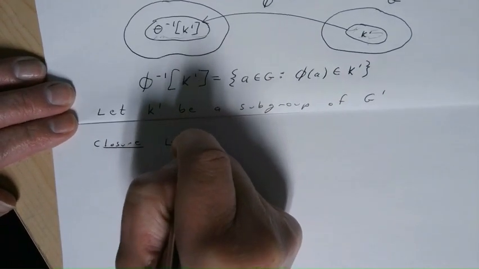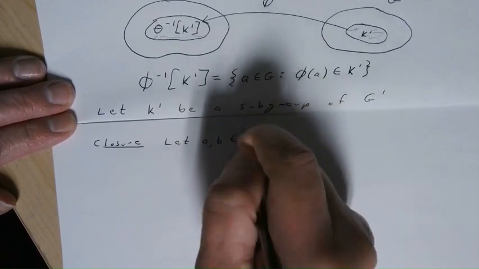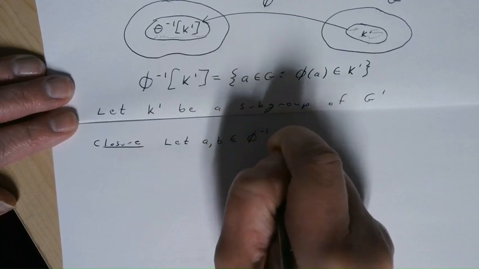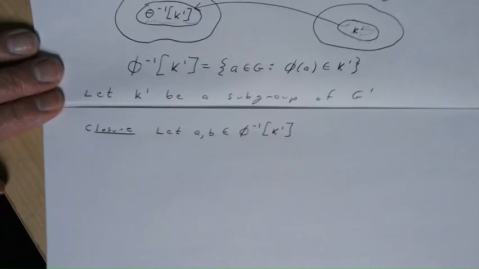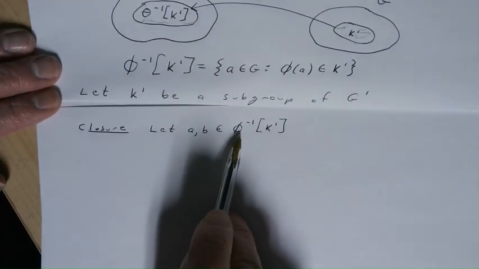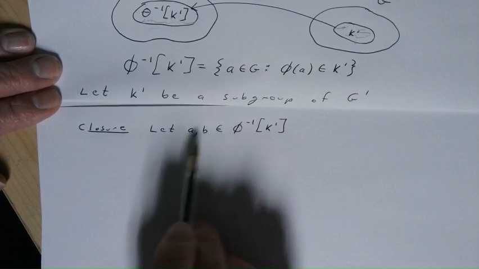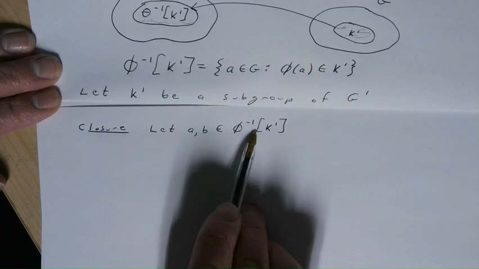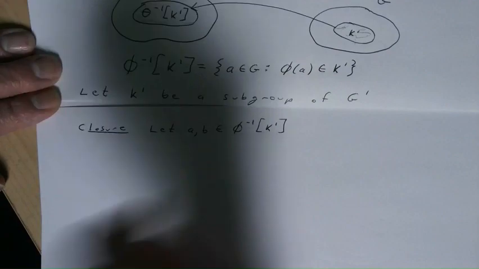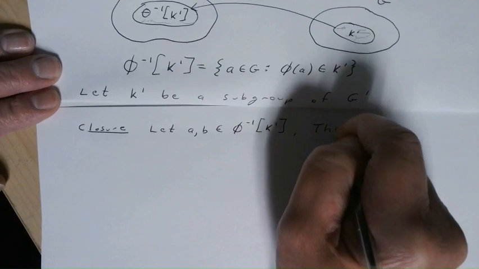So let A and B be in phi inverse K prime. And now, of course, we're taking two typical elements in phi inverse K prime, and we're going to need to show that their product, whatever the operation happens to be, is in phi inverse K prime.